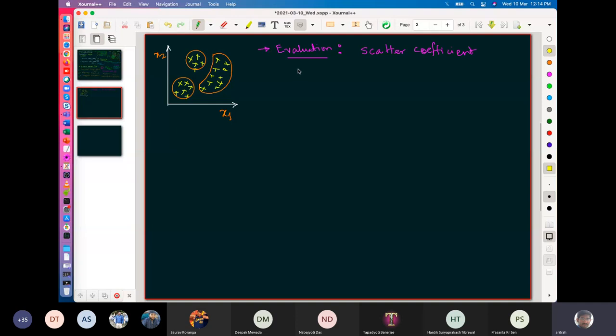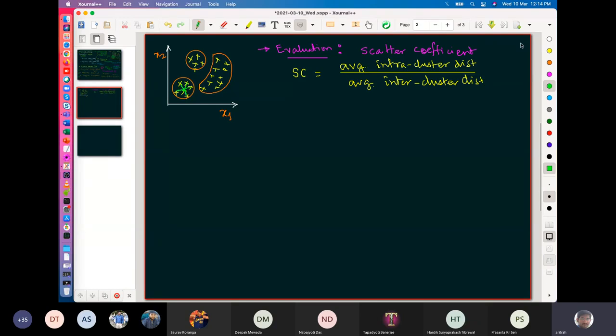So scatter coefficient, which I'm abbreviating as SC, is nothing but the average intra-cluster distance divided by the average inter-cluster distance. What does it mean? See, intra-cluster distance means, from a point, the distance within its cluster.